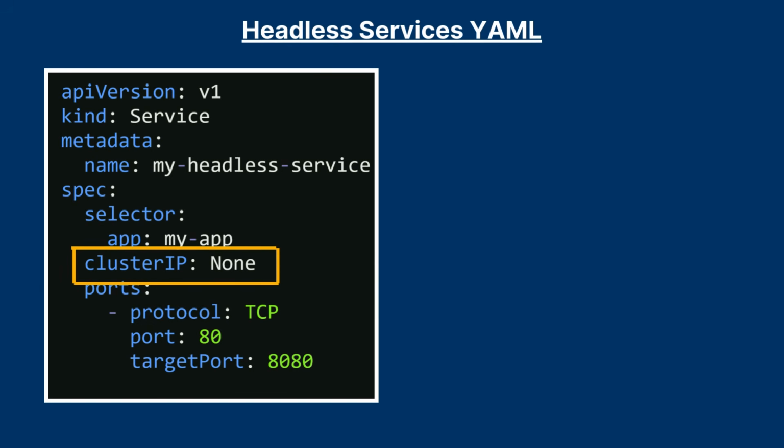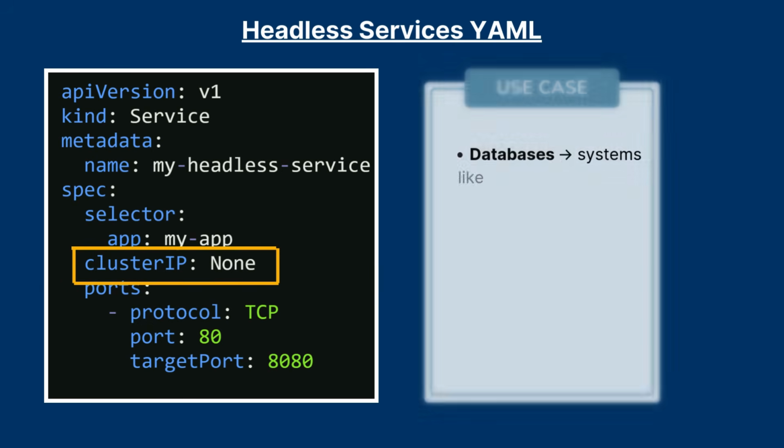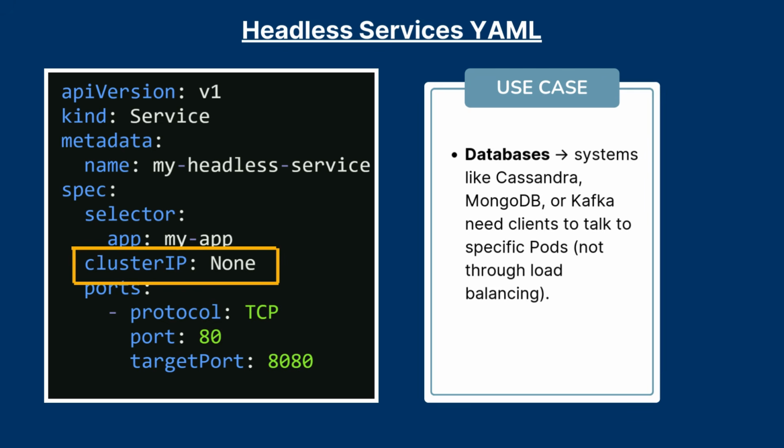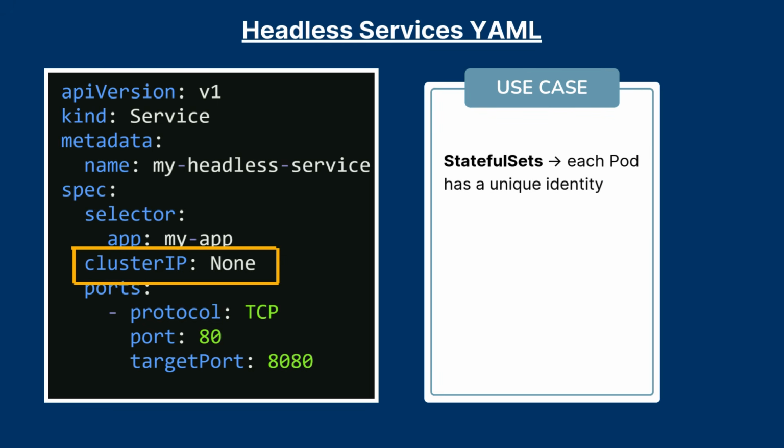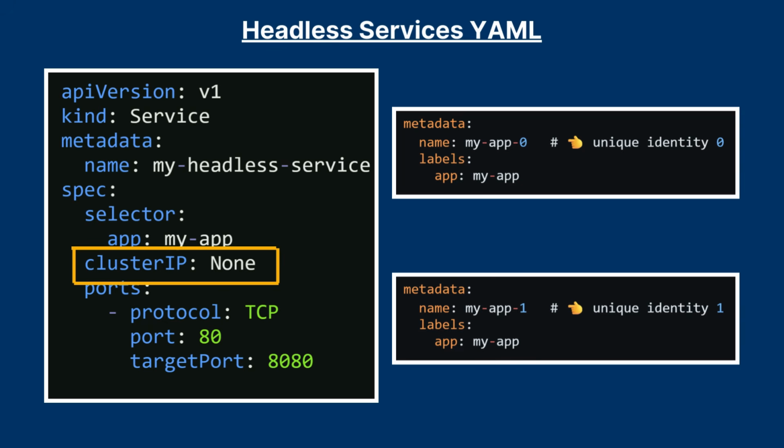So let's check out where these are helpful. You can use a headless service for database connections, where systems like Cassandra, MongoDB, or Kafka need clients to talk to specific pods, not through load balancing. Or for a StatefulSet, where each pod has a unique identity, like these two.